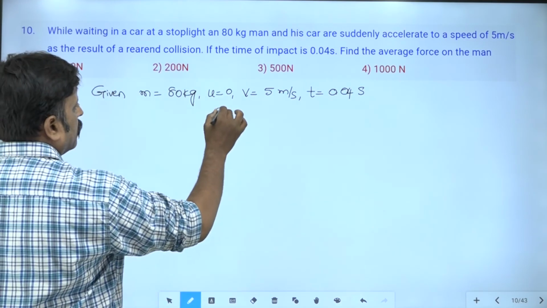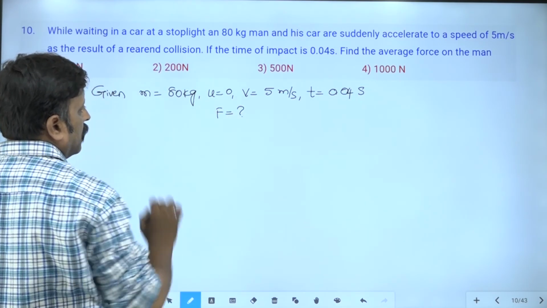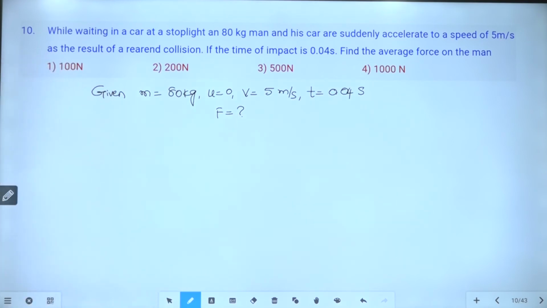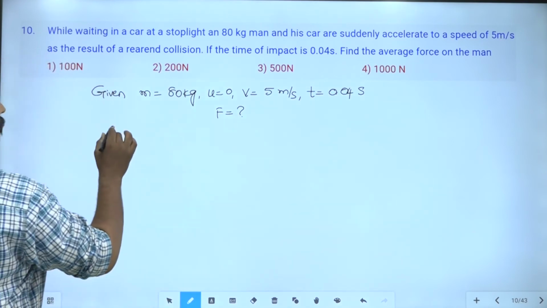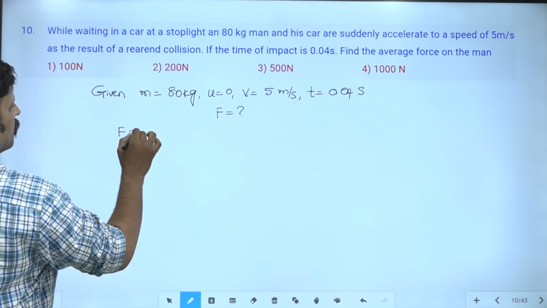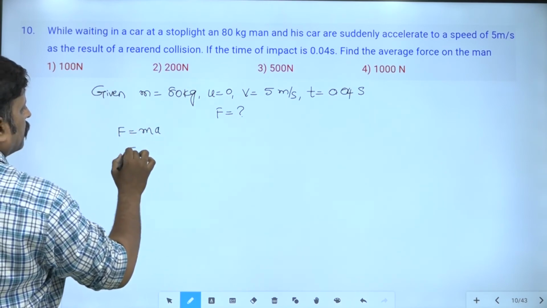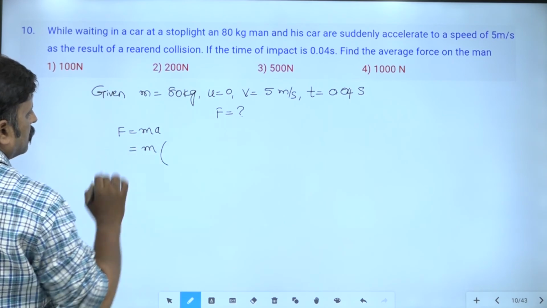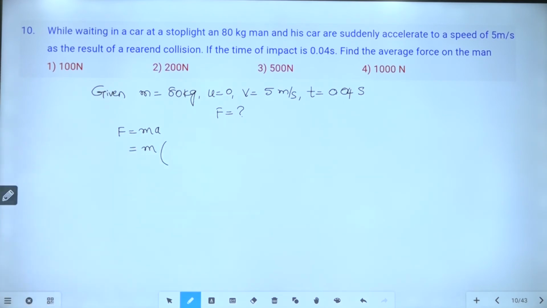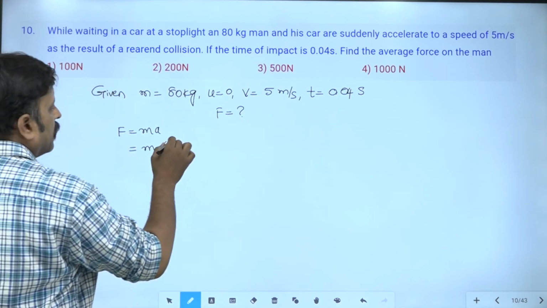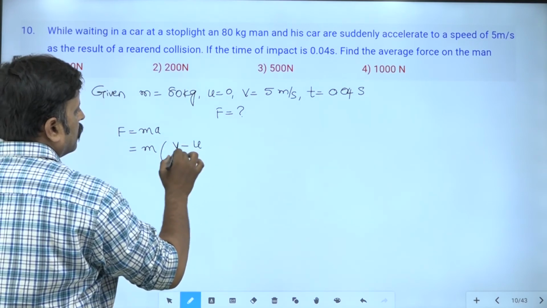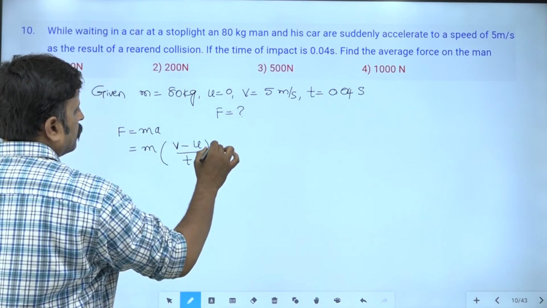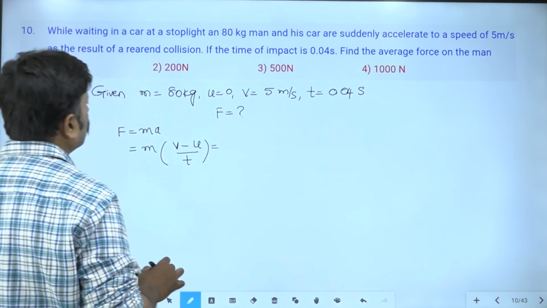You are asked to calculate the average force. Again, from Newton's second law, F is equal to ma, mass into acceleration, expressing acceleration in terms of velocity and time as (v minus u) by t. Substitute the values.